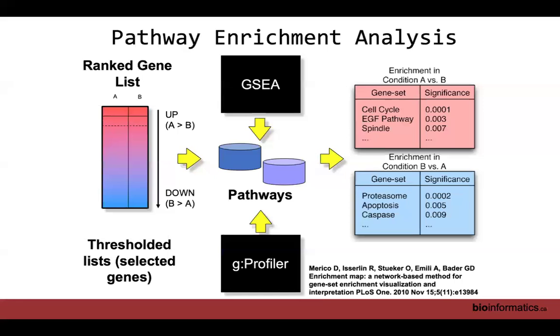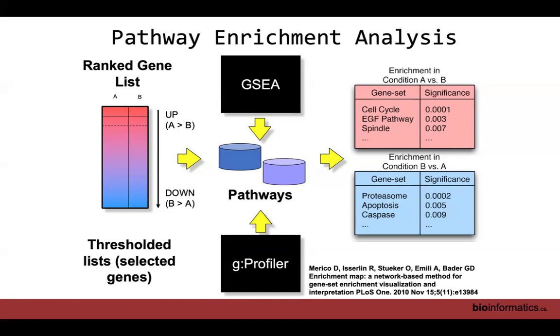A little bit more in specifics, what did we actually do? We used two different programs, GSCA and gProfiler. GSCA is specific to a ranked gene list. It's using the entire set of differentially expressed genes, whereas gProfiler uses a subset or a thresholded list, so a selected set of genes. And you define that threshold and you define how many genes you're going to run through.